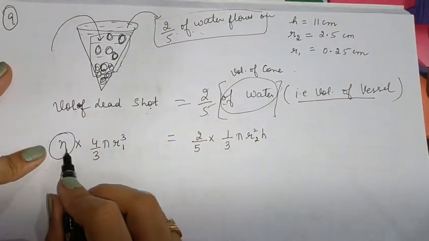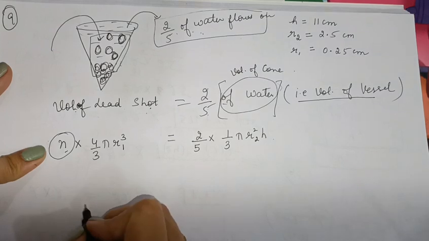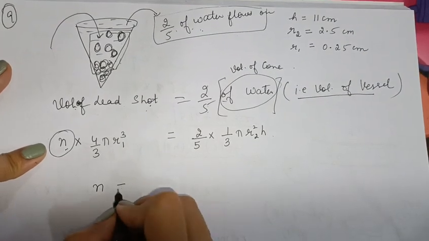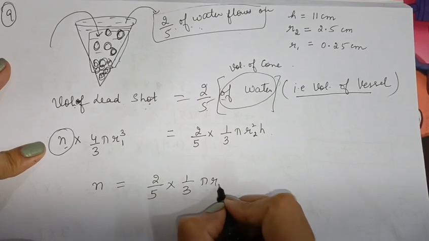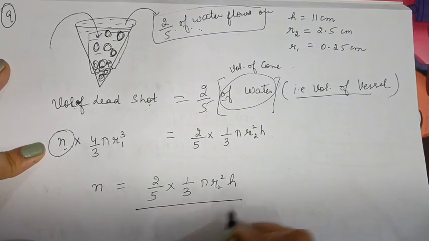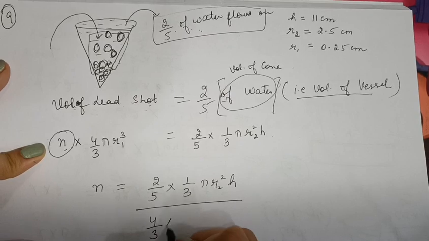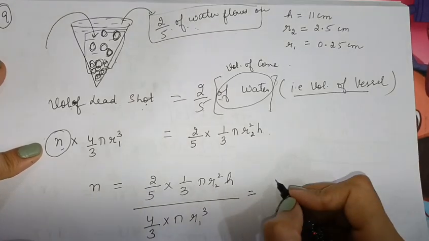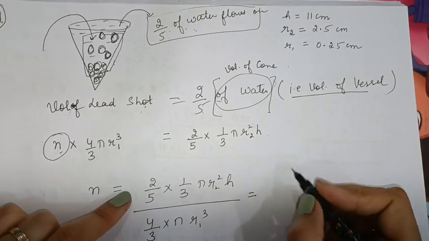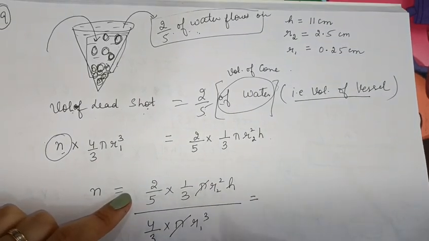N we have to find. N we will keep on this side, and everything else will shift to the other side. So N is equal to 2/5 into 1/3 pi r2 square h, divided by 4/3 into pi r1 cube. I'm just substituting. This pi and pi will get cancelled.